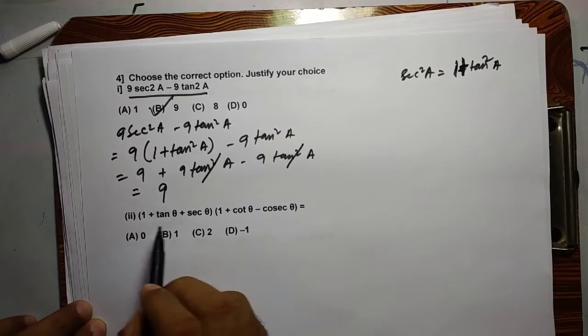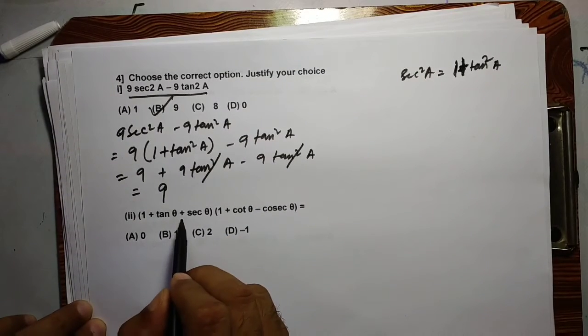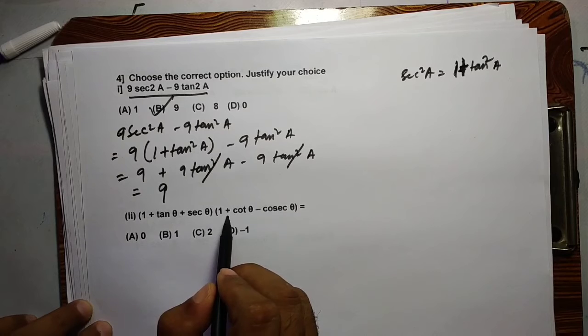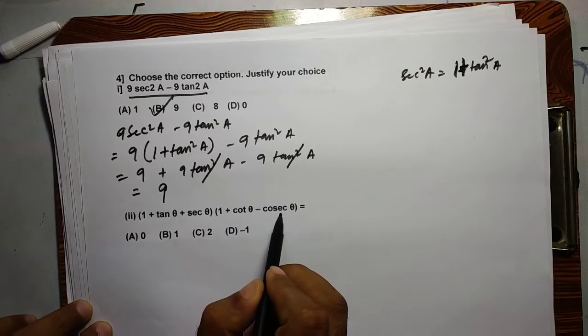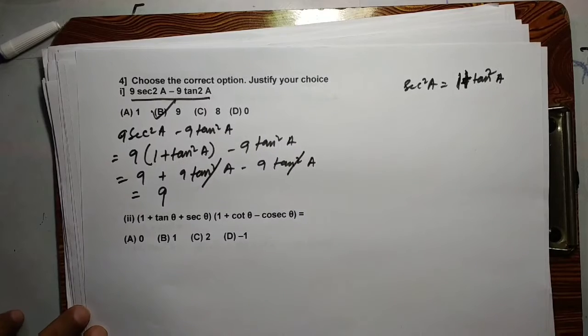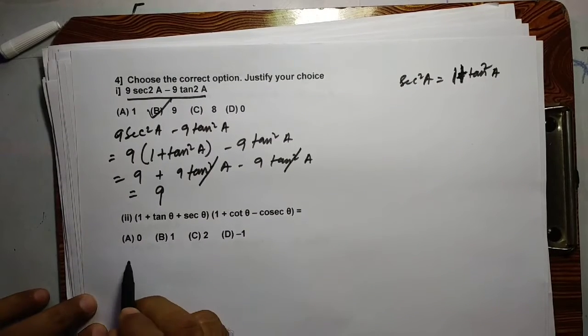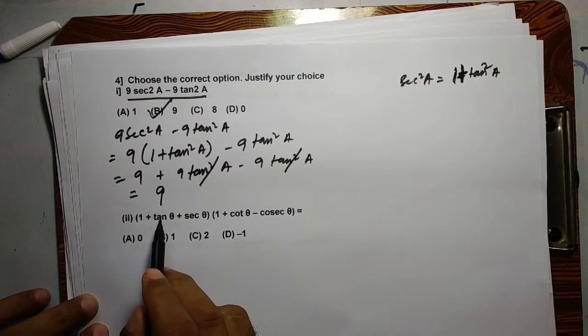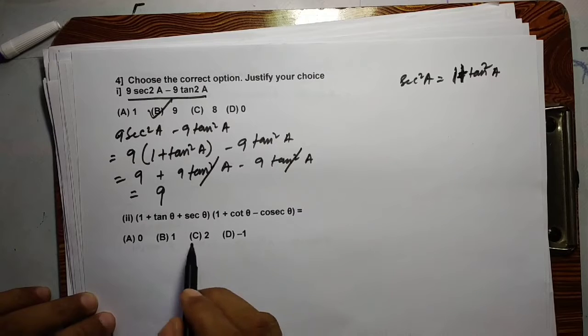Okay. And next is 1 plus tan theta plus sec theta, whole into 1 plus cot theta minus cosec theta. Okay. For this case, you can convert it into sin theta and cos theta. It will be a little better.